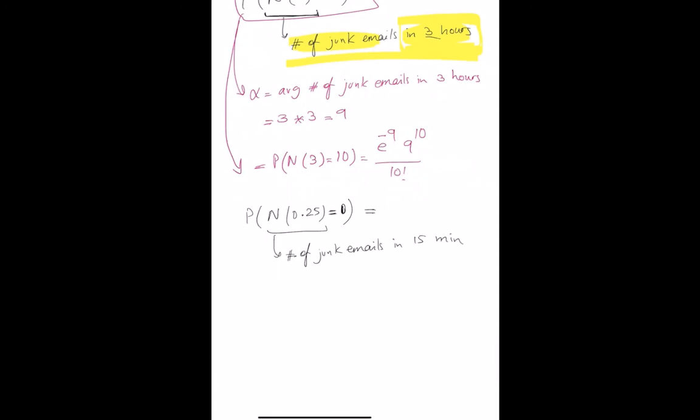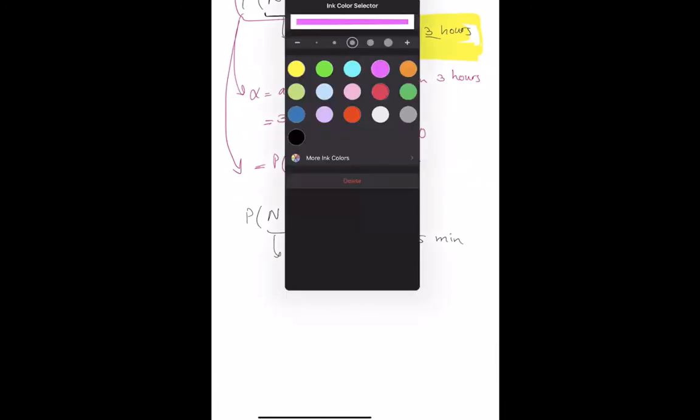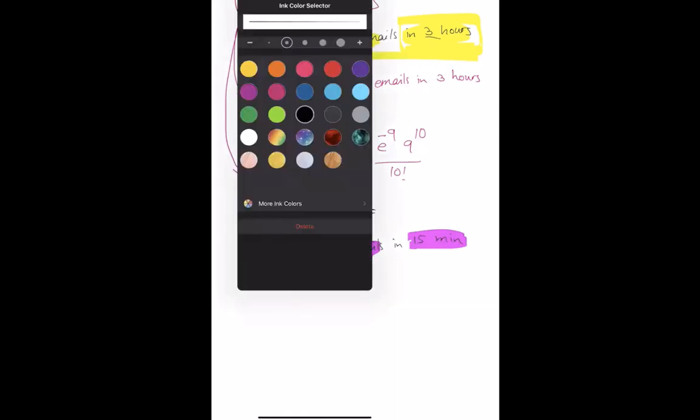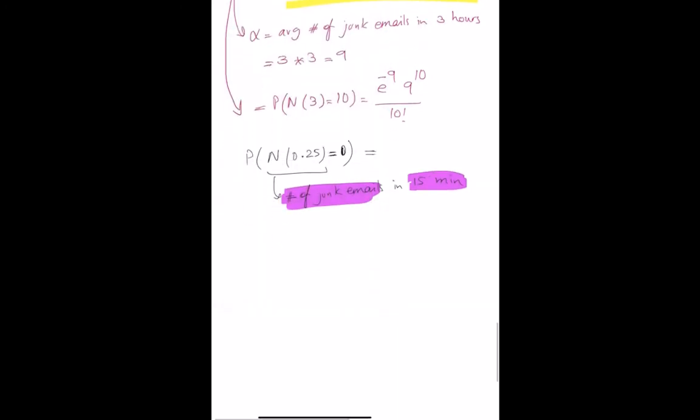That's fine. That still fits the definition of a Poisson random variable. First, I'm looking at the number of things that can happen in a time frame. This time frame happened to be 15 minutes. No worries. I just have to make sure the alpha that I'm going to use shows the average number of junk emails in 15 minutes.